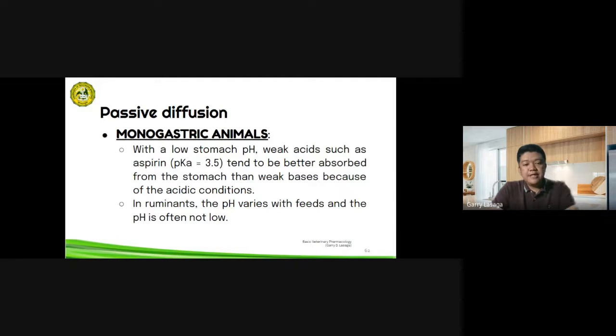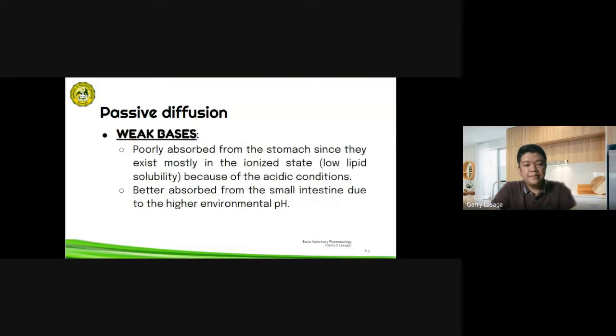When we are going to place a basic drug to a basic environment, there will be absorption. But when we are going to place an acidic drug to a basic environment, there will be less absorption or no absorption. So that is also true for a basic drug.